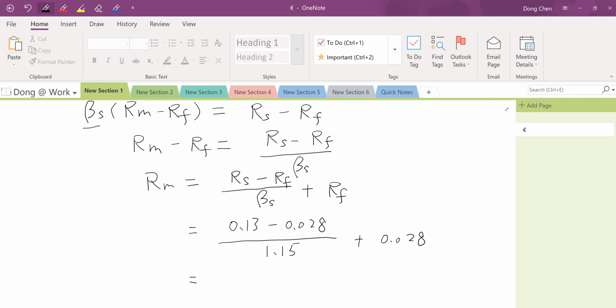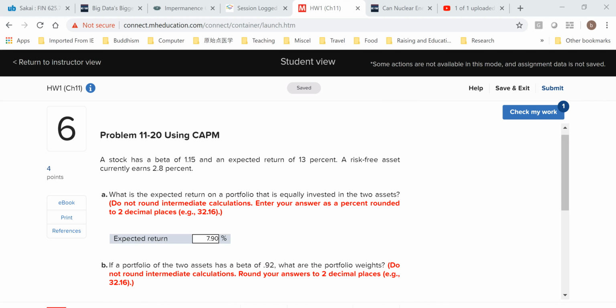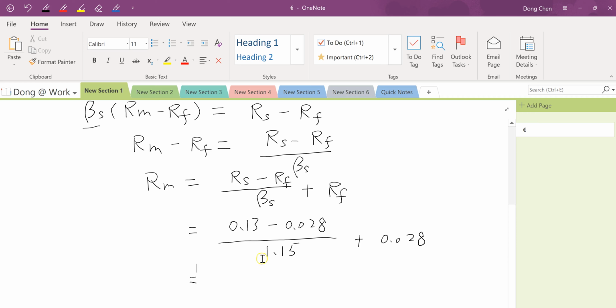But what you need to note is the rounding requirement. Do not round intermediate calculations. Hence, I do not suggest you just keep 2 decimal places for Rm.